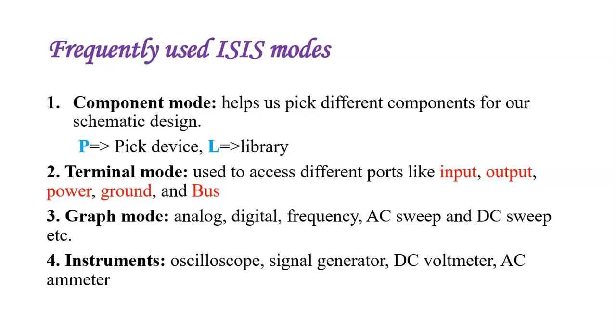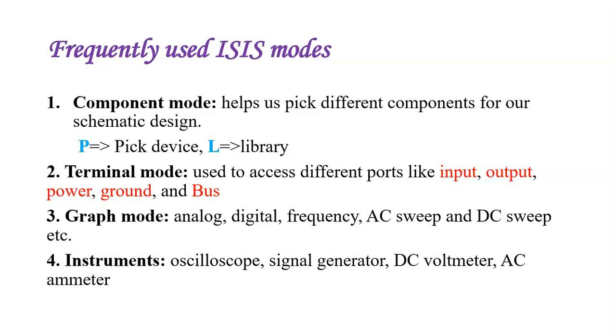The terminal mode is another mode we use to access different terminals like ground, power, input and output for our system. There is also graph mode, which enables you to draw different analog, digital, and frequency graphs if your design involves such kinds of graphs.